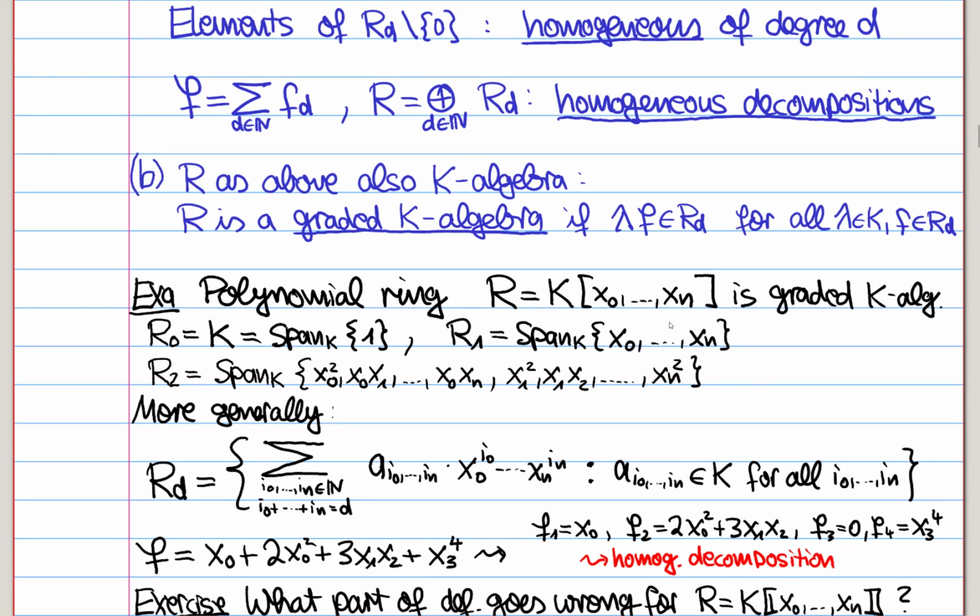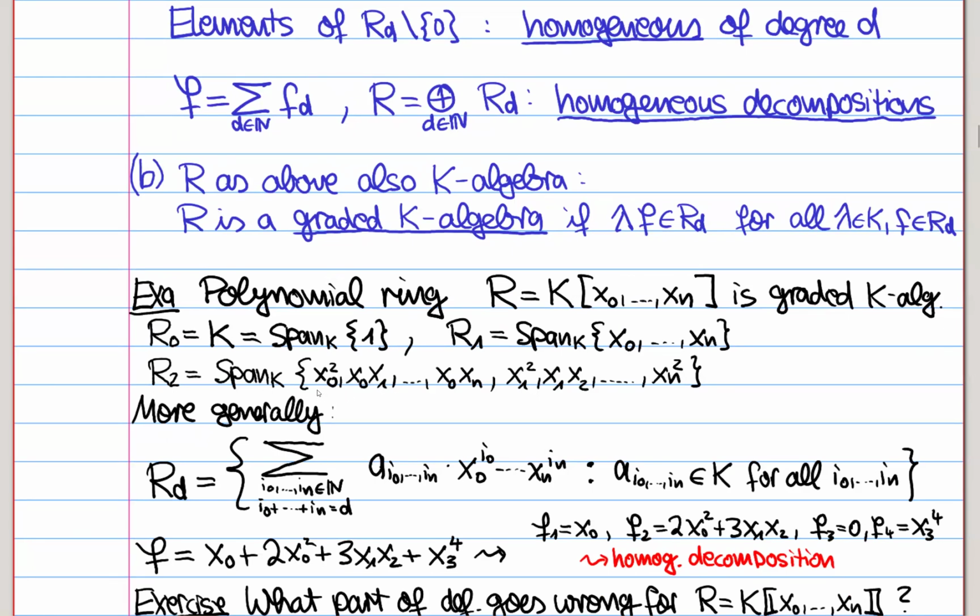And so this polynomial ring is a graded K-algebra, and we can give these R_D: R_0 is just K, the constant polynomials, which you can see as the span of just the constant polynomial 1. Then R_1, these are the homogeneous elements of degree 1, and this is just the span of x_0 up to x_n, so the linear polynomials.